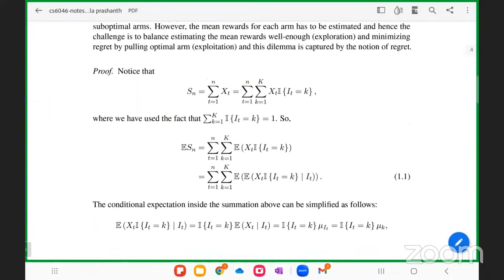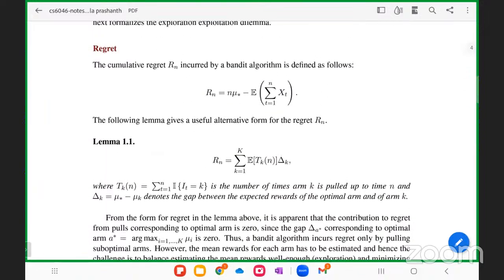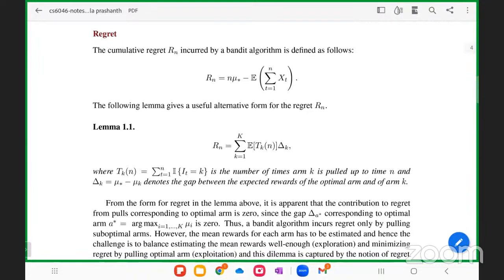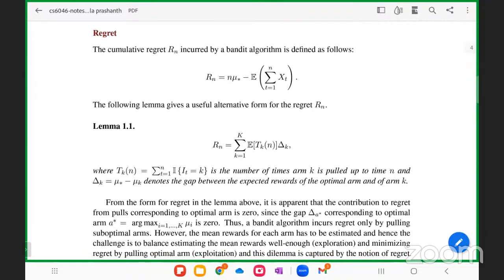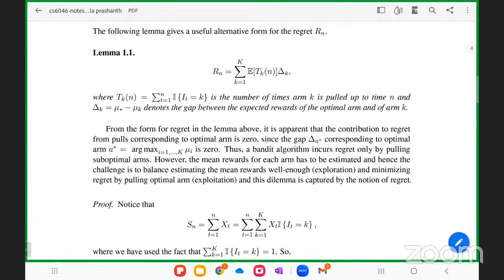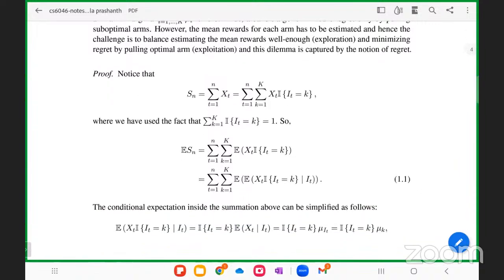Lemma 1.1, in the proof, I have some doubt in the notation. This notation is a little bit different than our notation. In equation 1.1, how did they get from the previous step to the next step? How did they get to equation 1.1 from the immediate previous step?